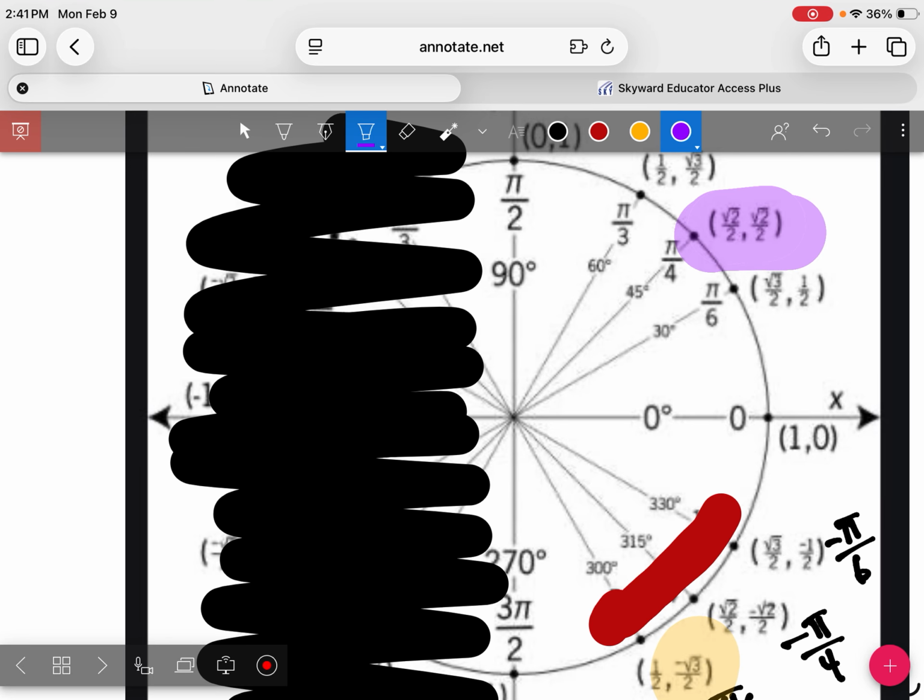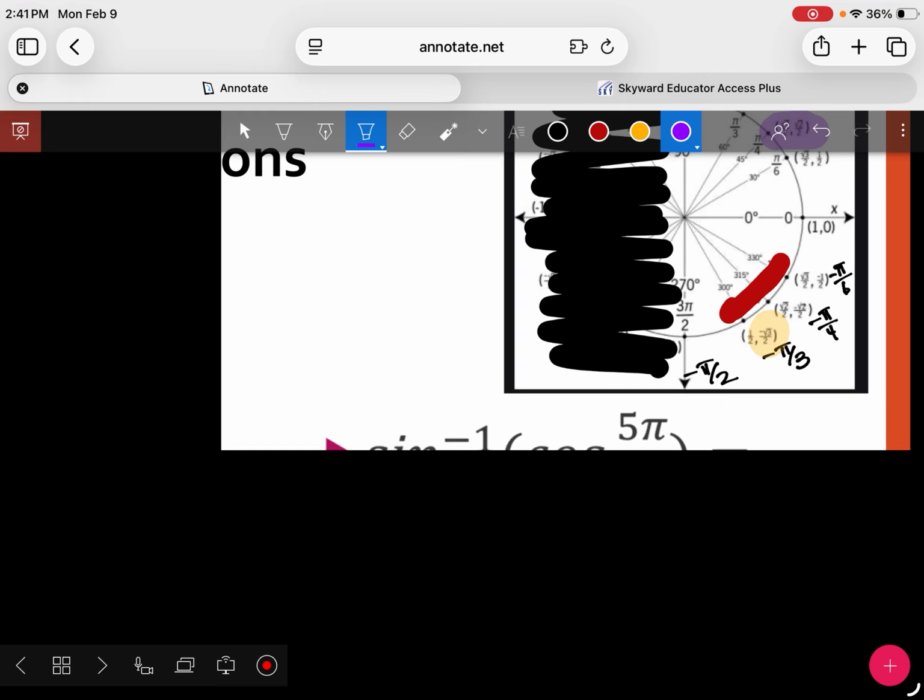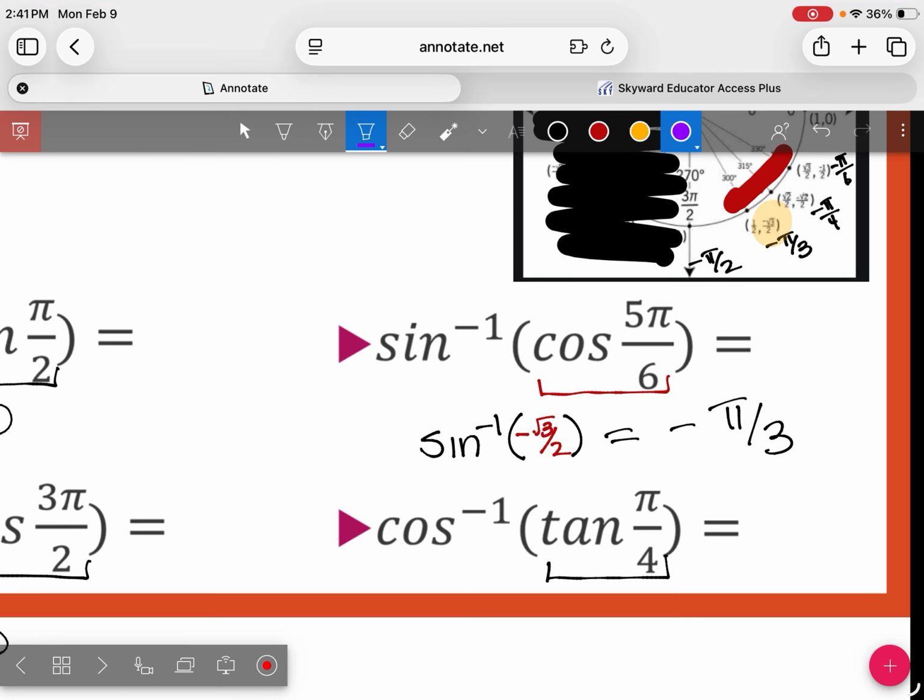So the tangent of pi over 4 is positive 1. Okay, zoom it back out. So what this is asking me, because this is +1, I'm going to find the inverse cosine of 1.